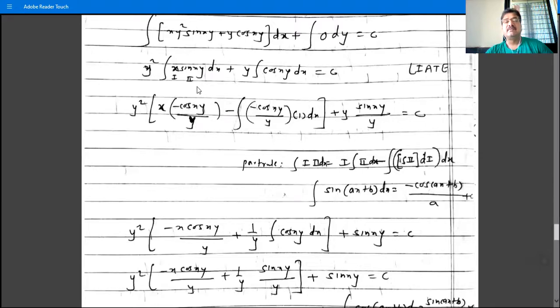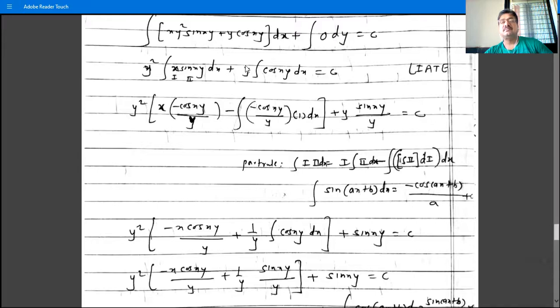First integration of second, minus the integration sign, and write the integration of second again: minus cos(xy) divided by y, into the derivative of first. D first means the derivative of first, so the derivative of x is 1 dx.